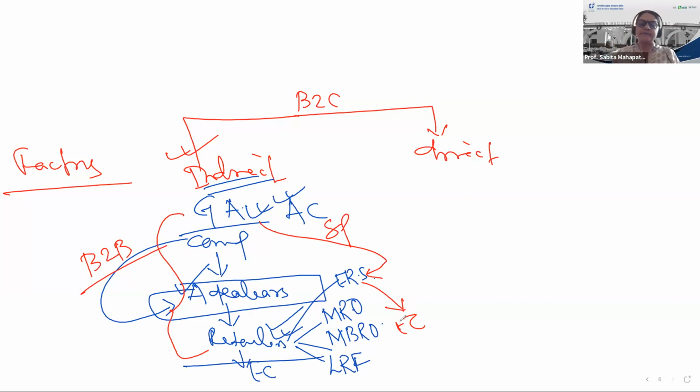How indirect? Because your exclusive retail store may be a model which will be company owned or maybe franchisee owned. So if it is franchisee owned, then you can be a little indirect rather than direct.